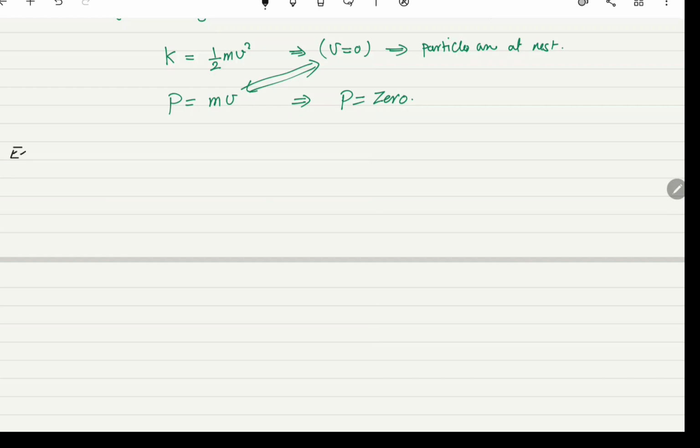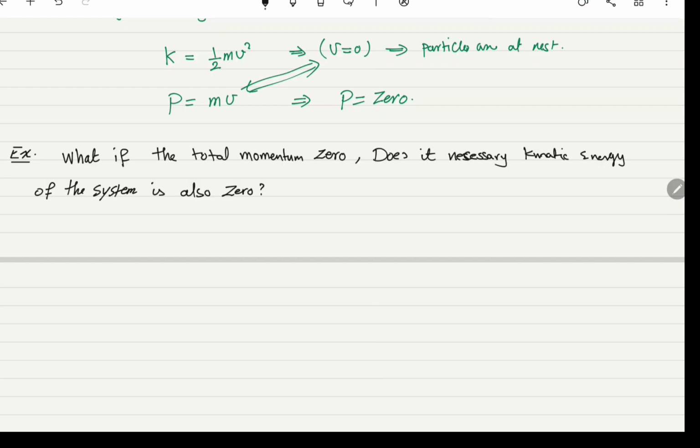Example. It's the opposite of the previous example. What if the total momentum is 0? Is it necessarily true that the kinetic energy of the system is also 0? Remember, momentum is a vector quantity. So when you add up vector quantities, sometimes the momentum is equal to 0, but that doesn't mean particles are at rest.